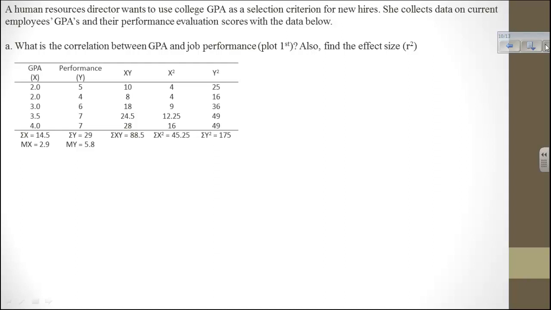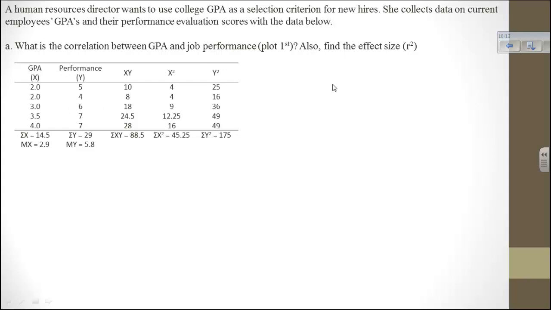Maybe they have a standardized metric for rating calls to references, or a whole host of things that can be plugged into a regression equation to predict what their performance evaluation score would be later. Okay, power of regression. It's a beautiful thing.